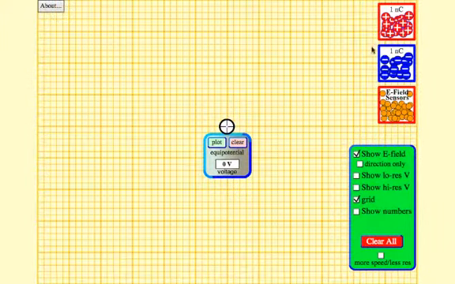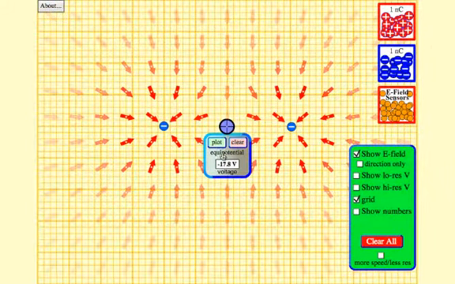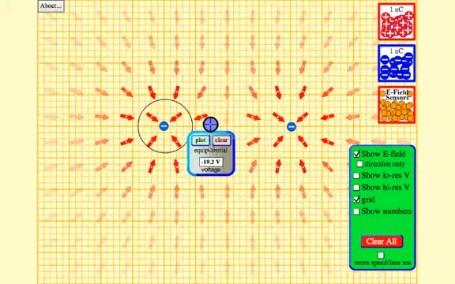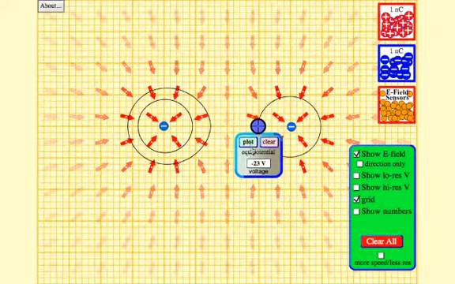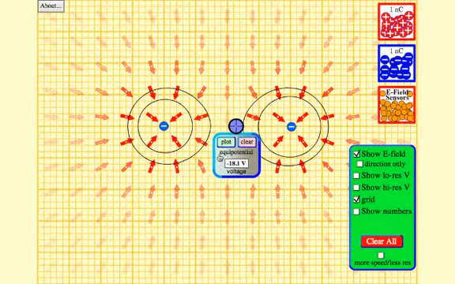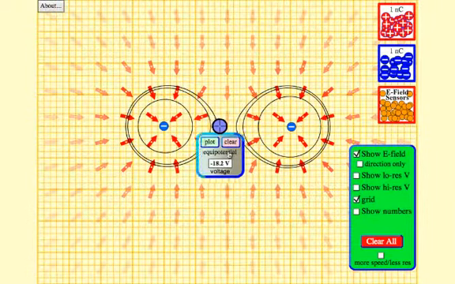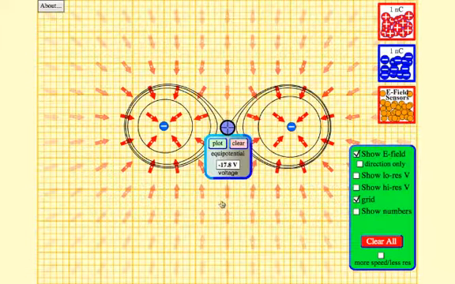And finally, if we have two like charges, this is what the equipotential lines would end up looking like. So here we go, plot, plot. They would start to get pointed toward the center here, and then when you get right near the middle, they should crisscross, kind of make an infinity sign here, like that.